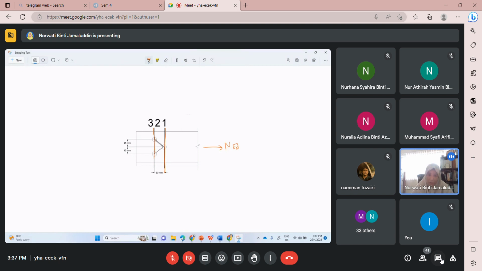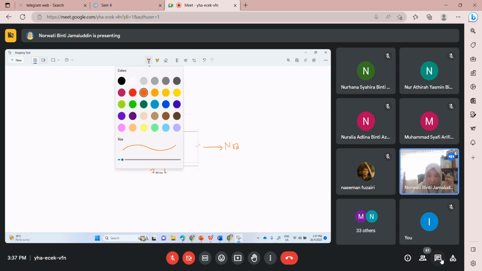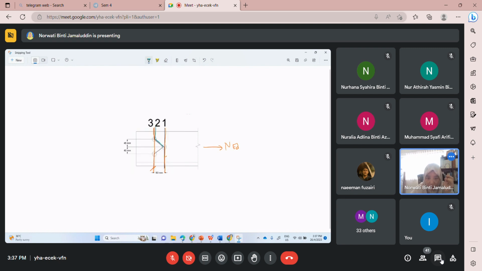The second failure line crosses two bolt holes, which is much more critical compared to this one. It also can fail diagonally or based on a zigzag line. Can I use a diagonal line? Yes, I can. 1, 2, 3 ke sini.